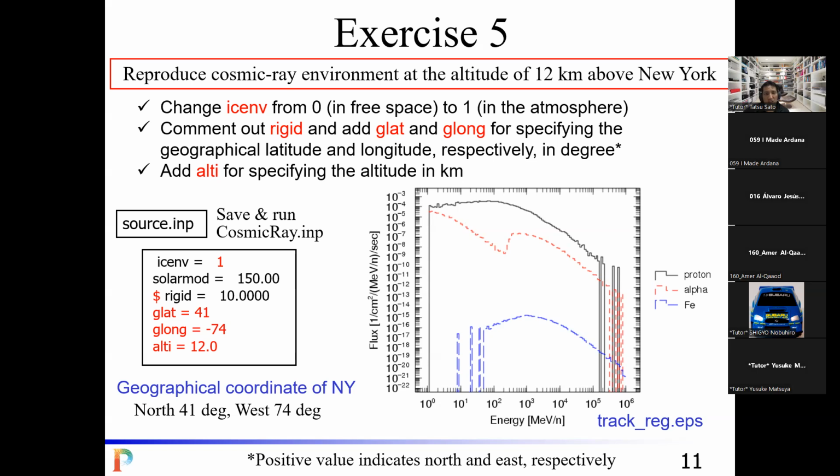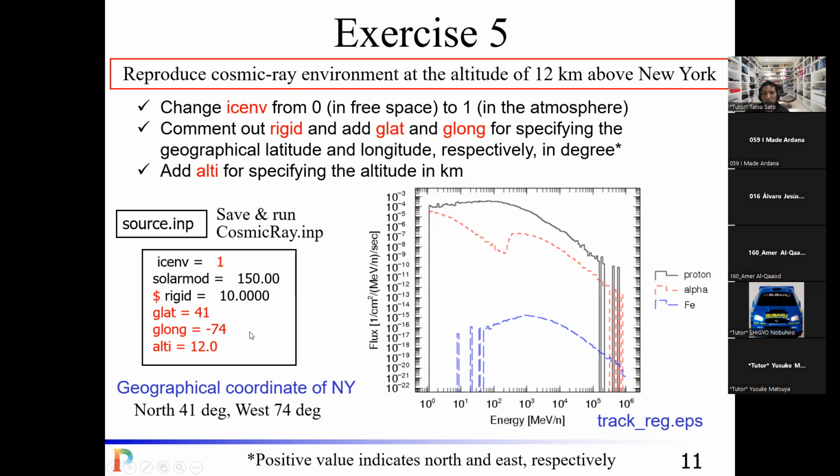In this case, the rigid parameter is not necessary to define, and add the GLAT and GLONG parameters for specifying the geomagnetic latitude and longitude in degrees.